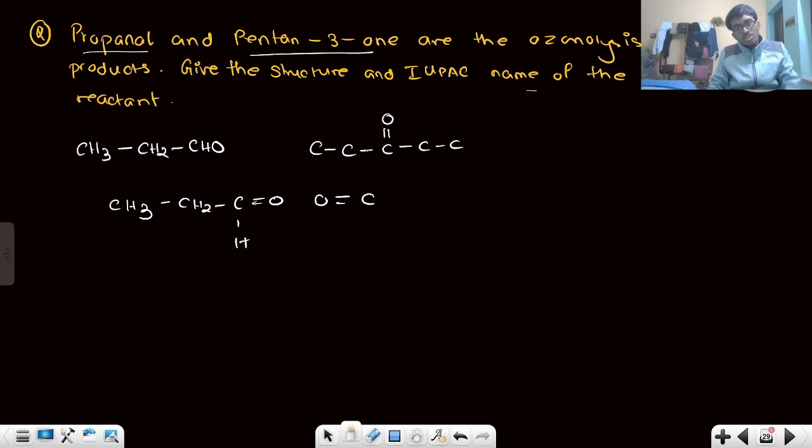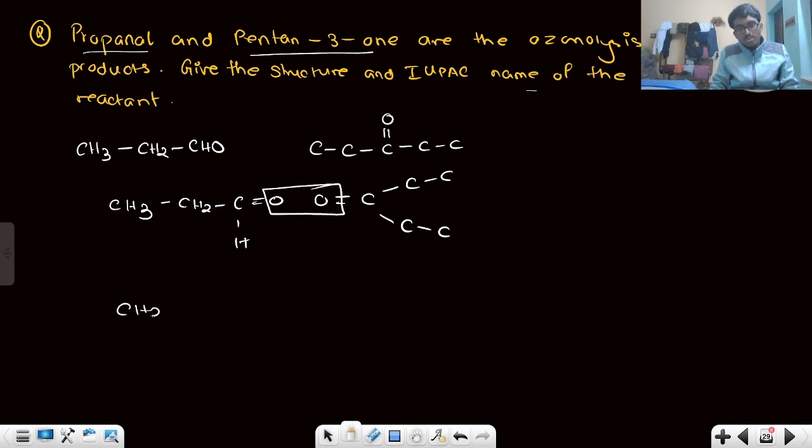Now you see, if I rotate the picture, what will happen is I will get 2C like this and I will get 2C like this. It will be like this, right? If I rotate the picture, two will be at the bottom, so this will happen. Then this thing will be a double bond.